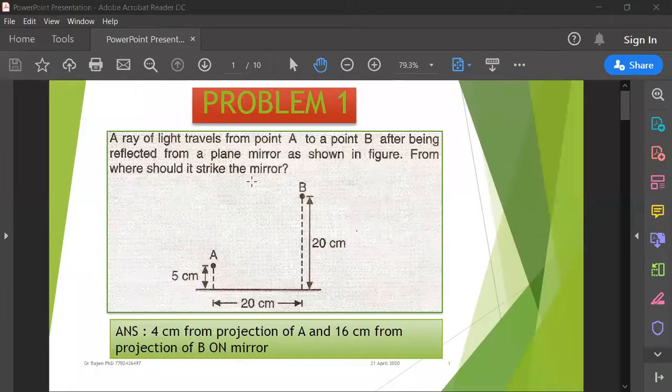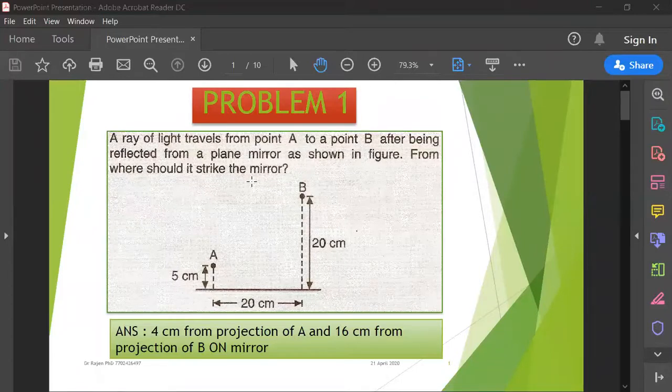Here a mirror is given, and one point, this point A, another point B. Point A, point B. This distance is 5 centimeter, students. This is 20 centimeter. And from here to here, 20 centimeter is given.